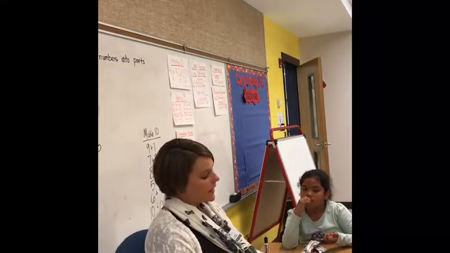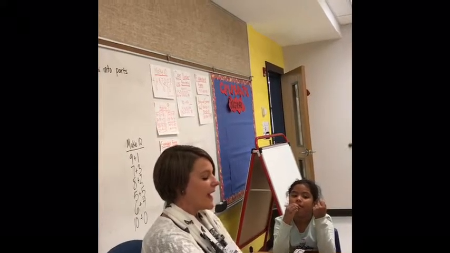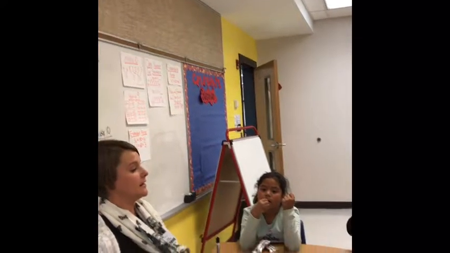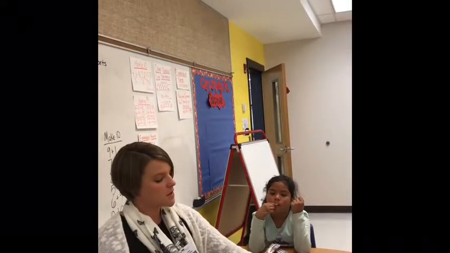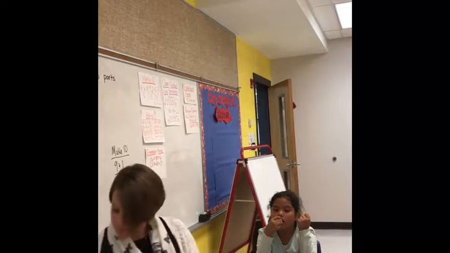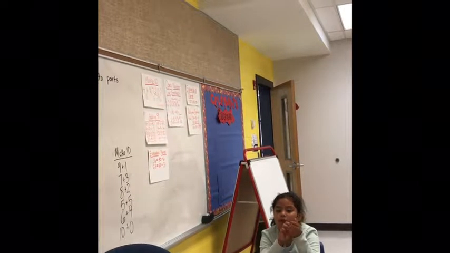So, if we're going to get really good at writing numbers in expanded form, that is going to help us. The reason why we're doing this, guys, is because it's going to help us add two numbers together. So, thank you, Evelyn. All right, so I'm going to give each of you guys a number, and you're going to think, pair, share.